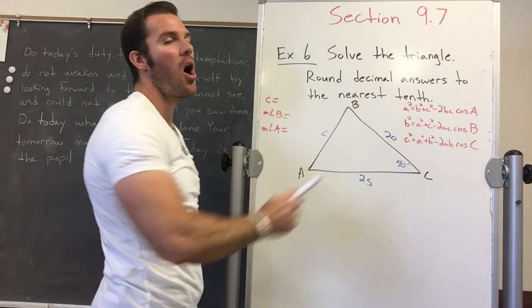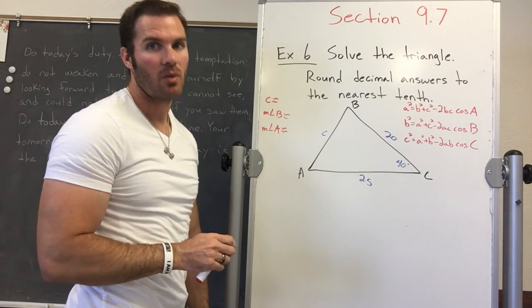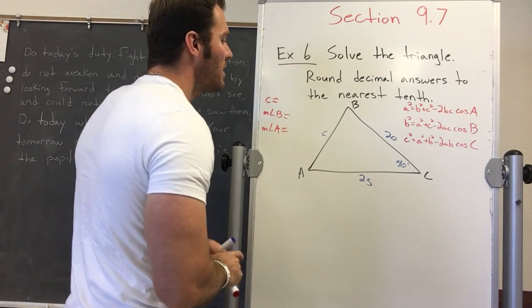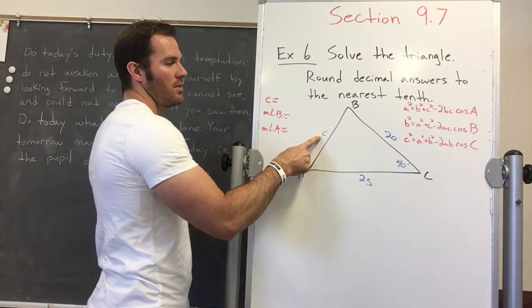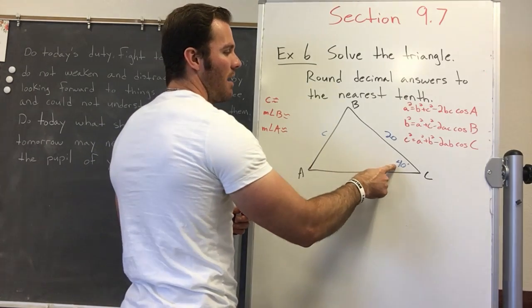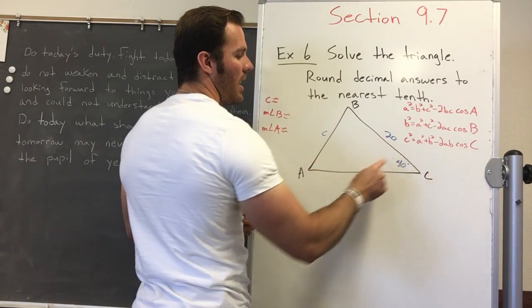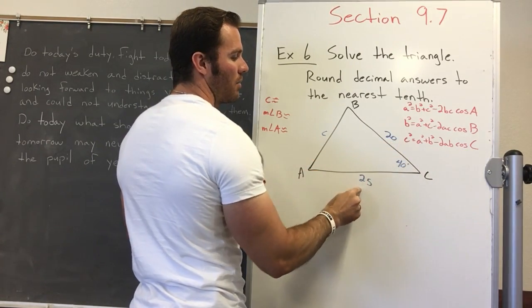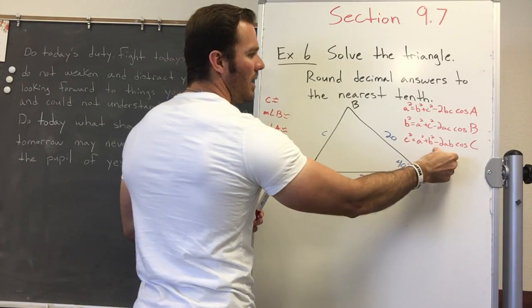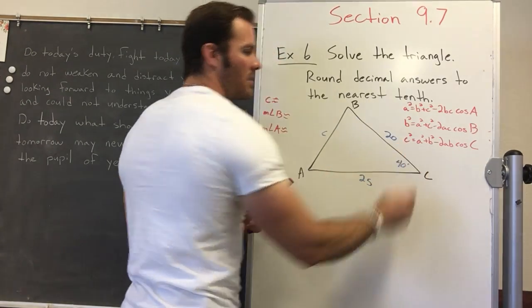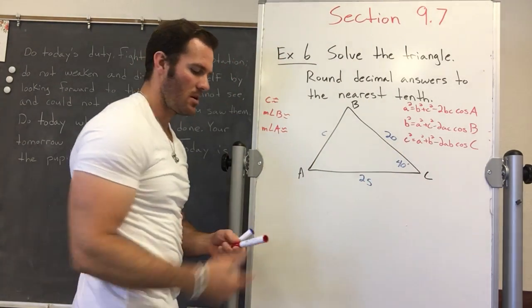We have to use the law of cosines or law of sines. In this case, let's try to solve for little c, because we have capital C, we have lower a and lower b. We have all we need to put in here to solve for our lowercase c.